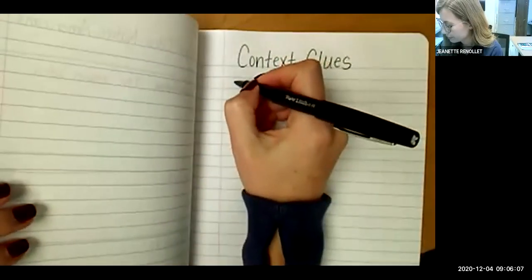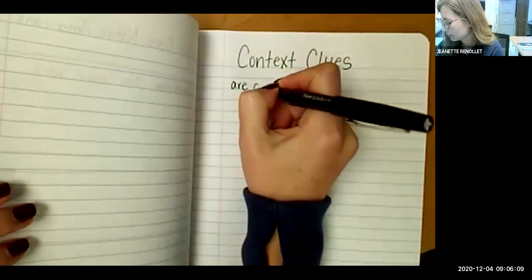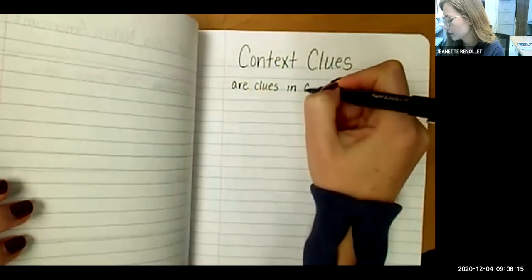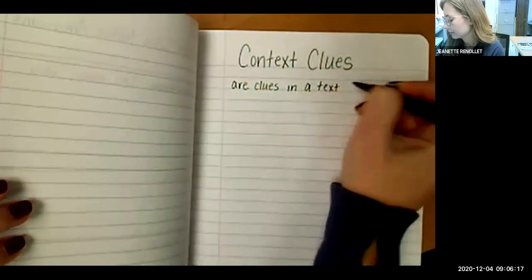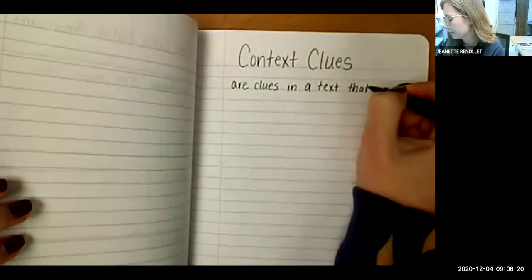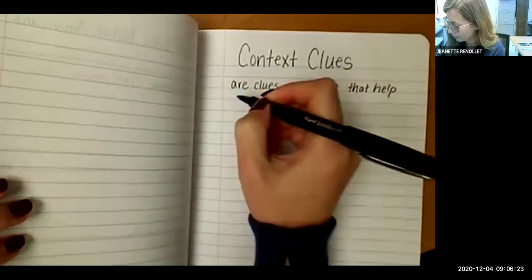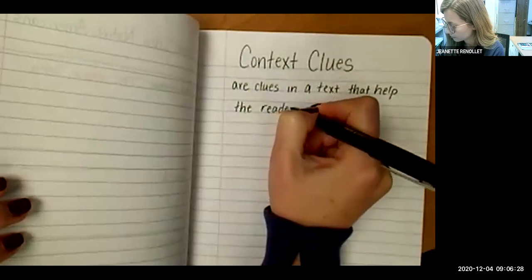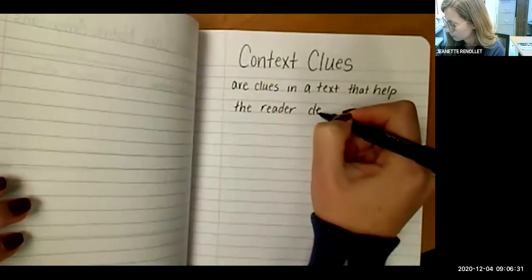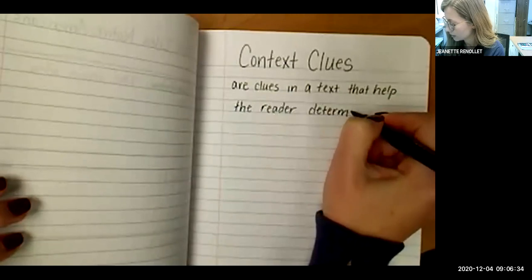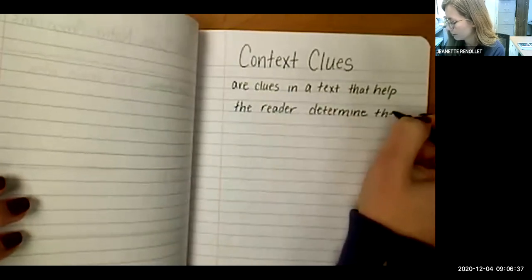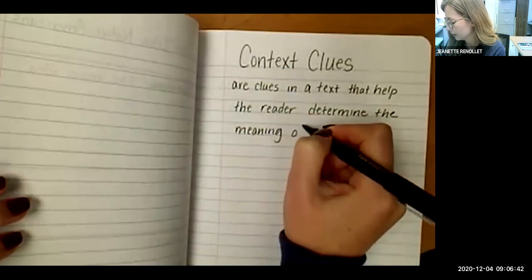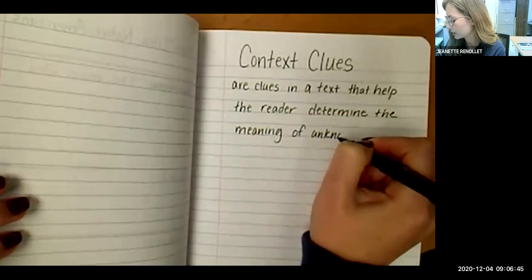Context clues are clues in a text that help the reader determine the meaning of unknown words.